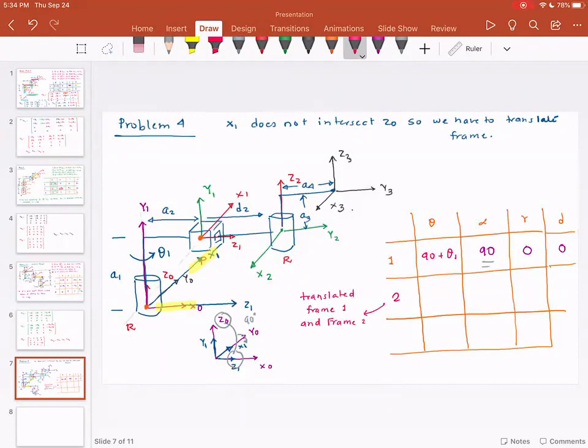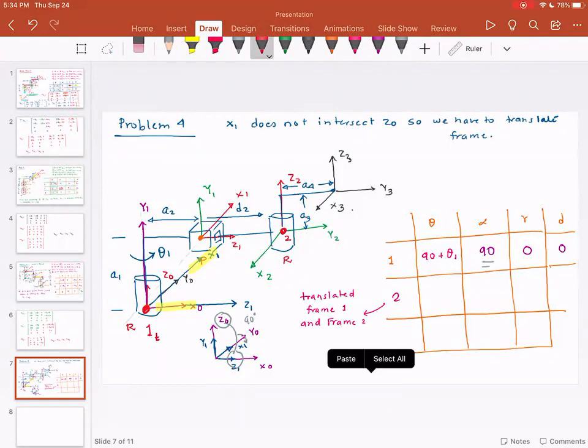Frame 2 is over here, and translated frame 1, which I'm going to call 1T, is over here.